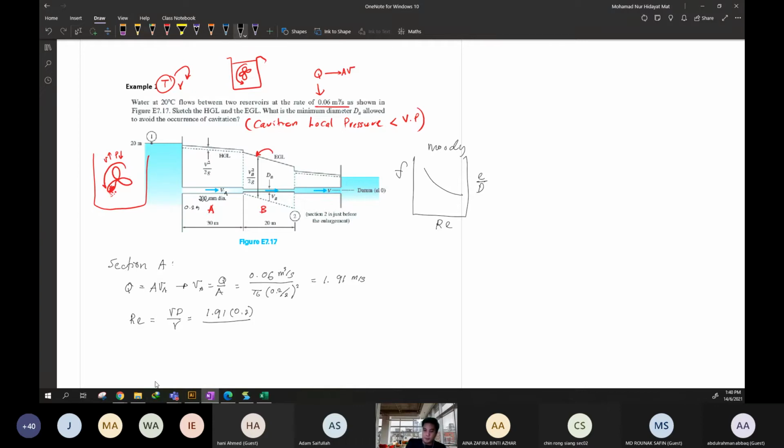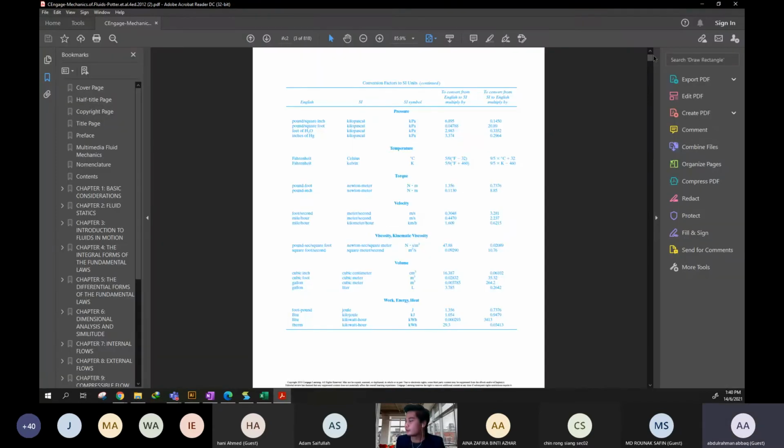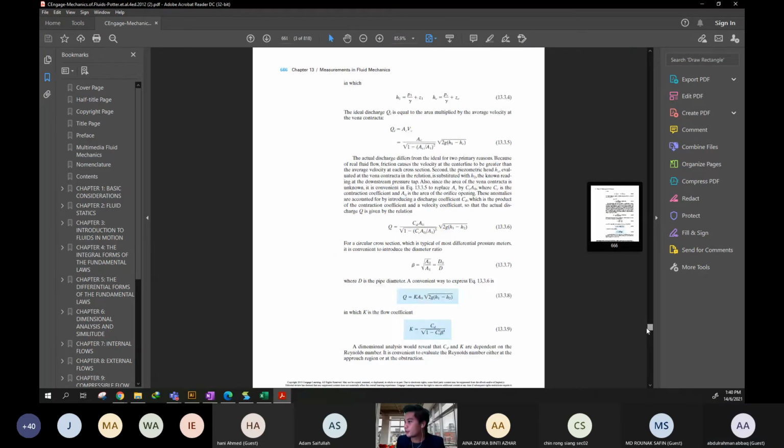How do we get this nu? From the table. When you look at the table, what parameter do you need to know? The pressure. What do you need in order to get the nu?